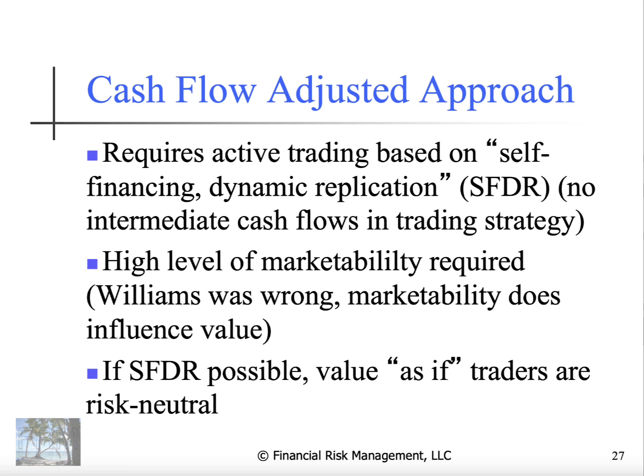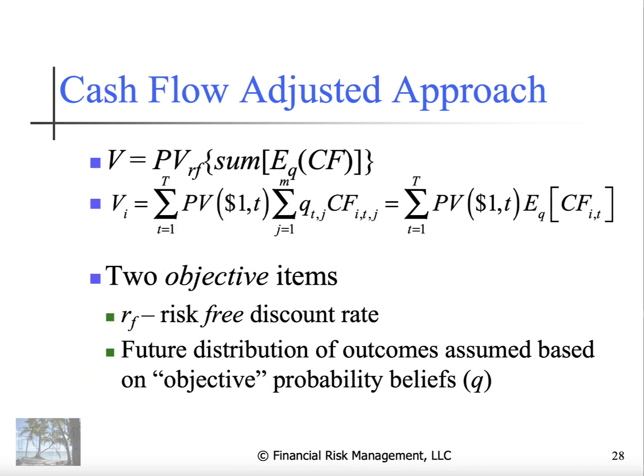It's important to emphasize that we do not assume traders are in fact risk neutral. They can be risk seeking, risk averse, or any other kind of risk preference profile. But if self-financing dynamic replication is possible, then the valuation can be done as if the traders are risk neutral.